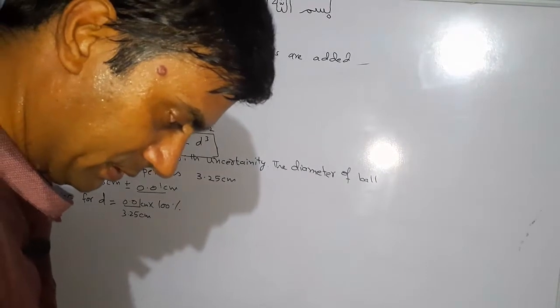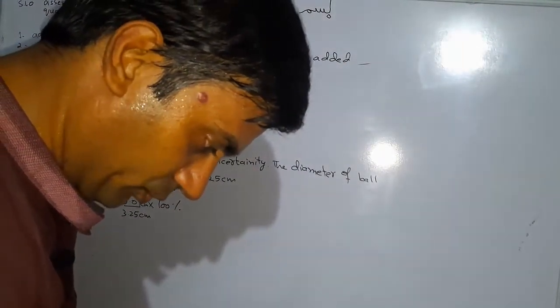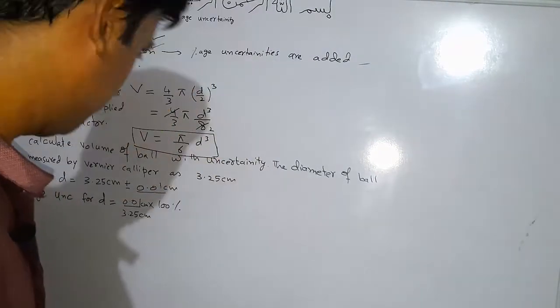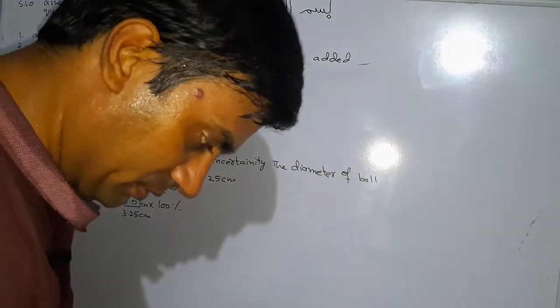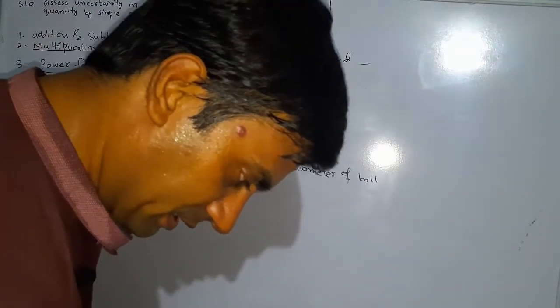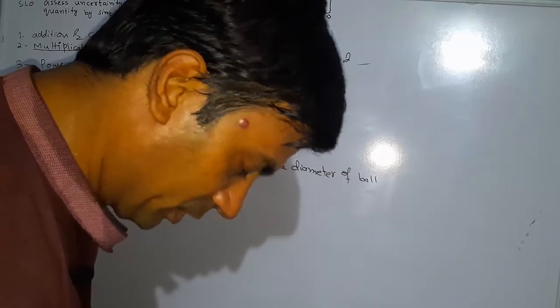0.01 divided by 3.25, that is 0.003, and the percentage will be 0.30%.